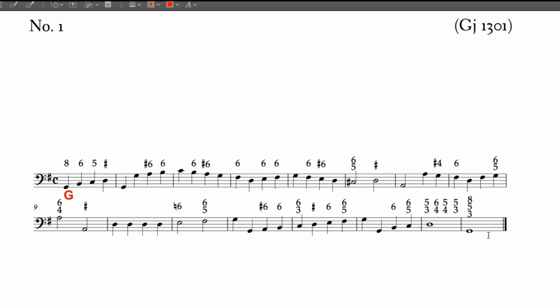So what these numbers represent, as you may have guessed from my octave example, is they represent the intervals. However, this is slightly complicated by the shorthand, right? So if you see nothing, you can assume that is what we call a 5/3 chord, and a 5/3 chord is a fifth and a third above the bass, which means a triad.